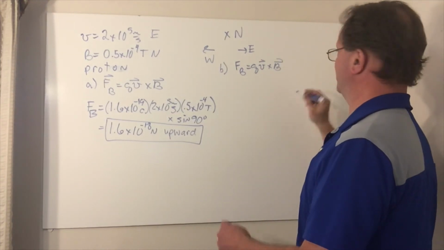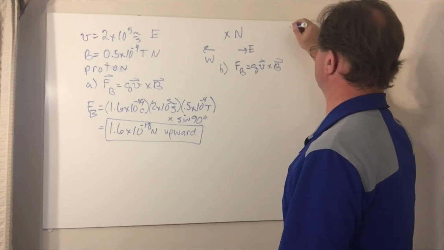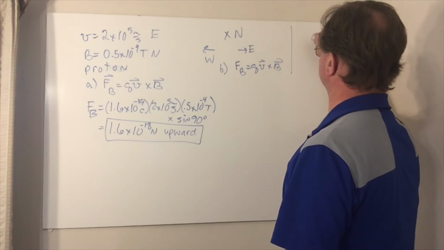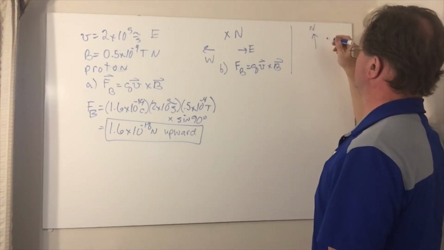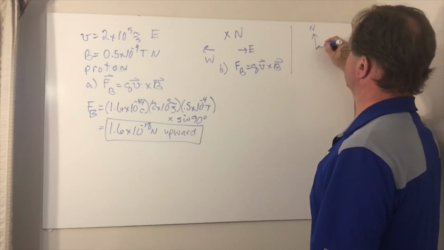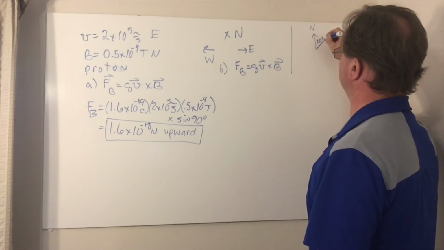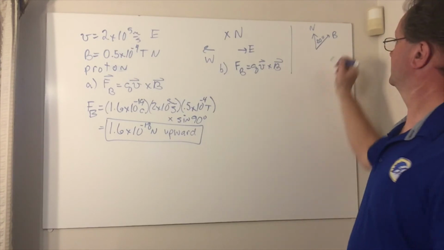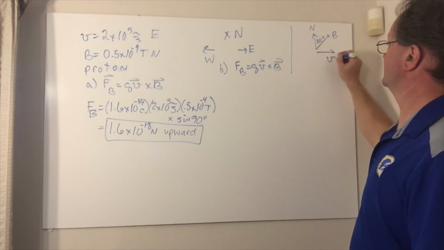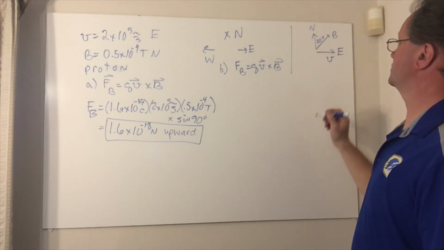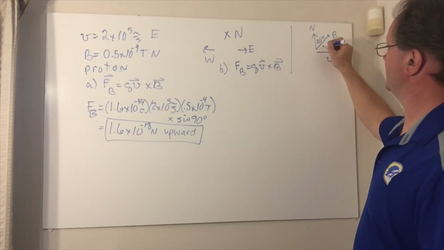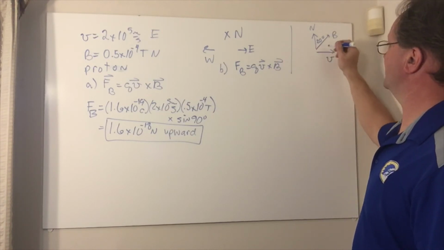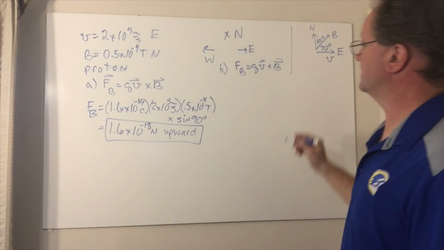Okay. Changing my sign convention just for a second. If I let that be north, then 20 degrees east of north would be right there. And so my magnetic field is here. My velocity is over in the east direction, so the angle between V and B would be 70 degrees.